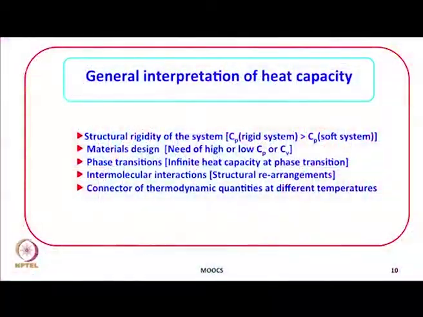So, therefore, Cp and Cv are very important thermodynamic quantities which can be used to get a lot of information and which have a lot of applications.